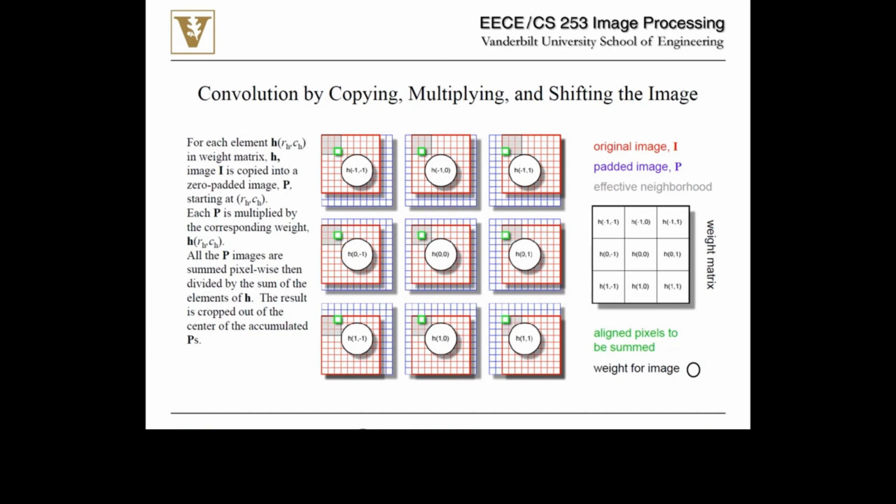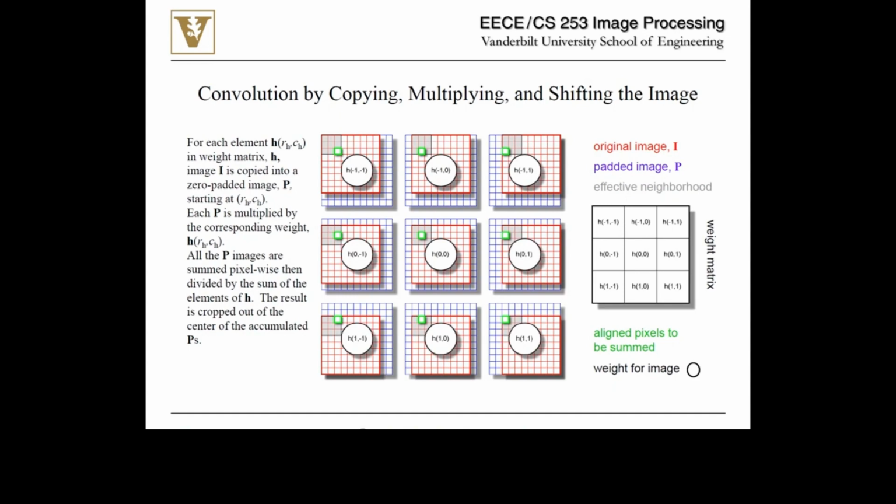So I will shift the red image to the location of each delta, so it is one pixel left, one pixel up, then multiply by this weight, and I will get a new image, this red one. And then I will shift up and multiply by h minus 1, 0. And then I will get this one, and this one, and this one.